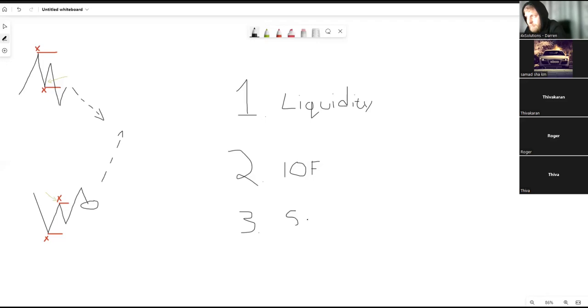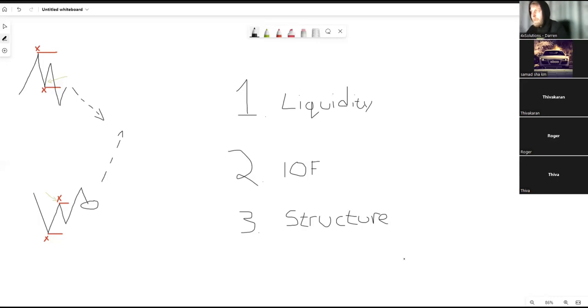Structure. So liquidity, order flow, structure.